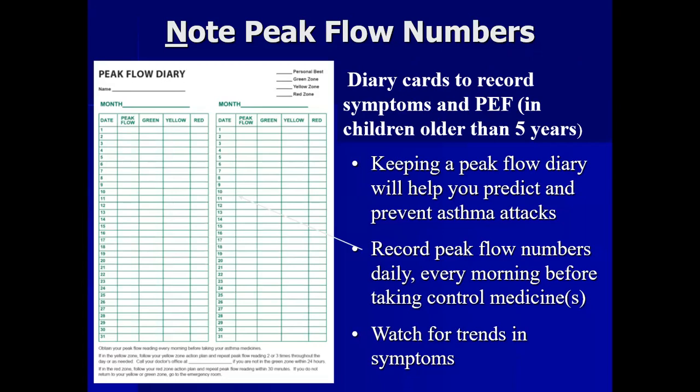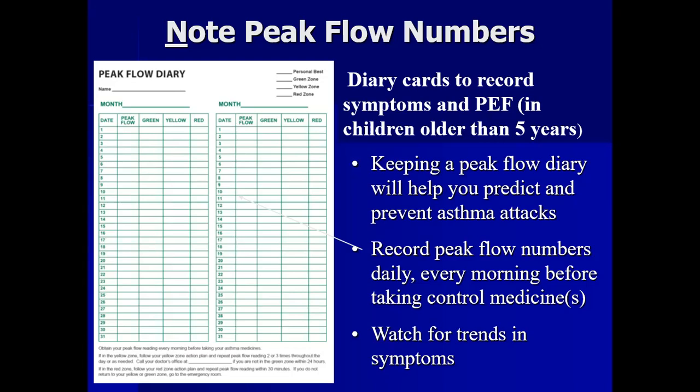Patients older than 5 years who can write will keep a peak flow diary. They will watch their condition, and they will predict asthma attacks and prevent them by themselves. That's why they keep records.